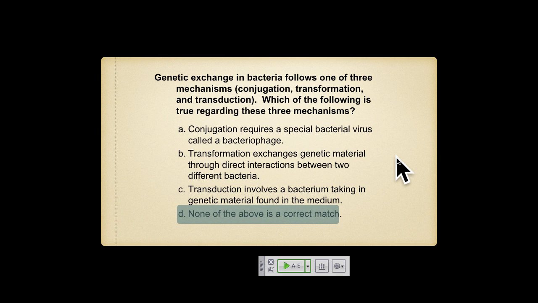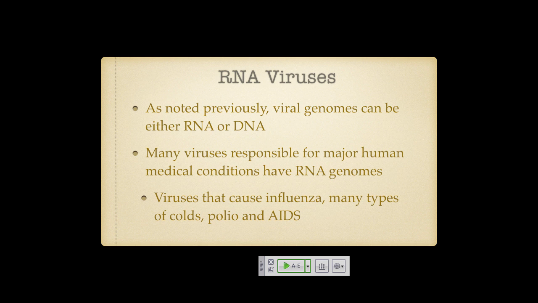Okay. All right. The last part of this chapter is a little bit on RNA viruses. Now, we're getting away from bacteria. We're getting back into eukaryotes. So these examples are primarily animal viruses. So we're going to look at RNA viruses. I'll give you a couple of examples of viruses where RNA is the genetic material instead of DNA.